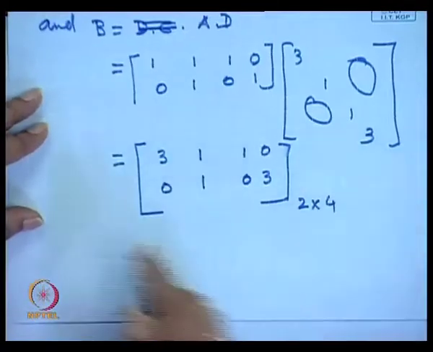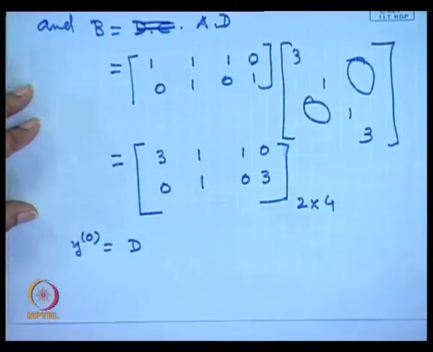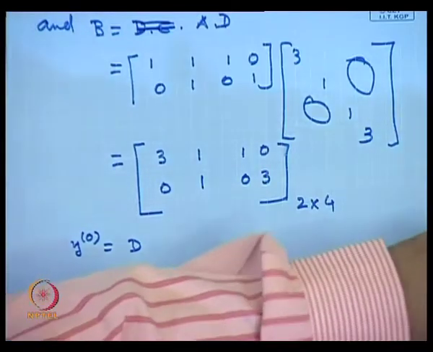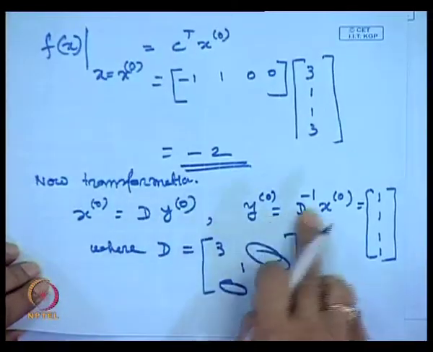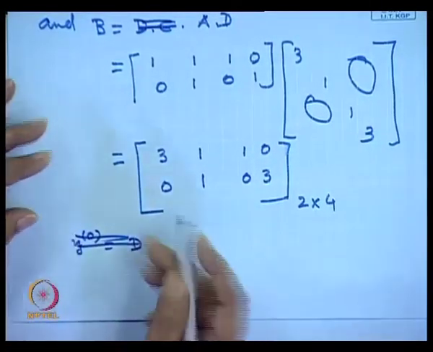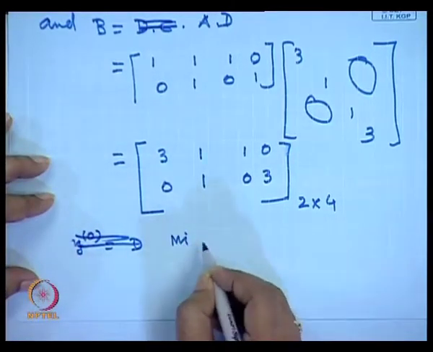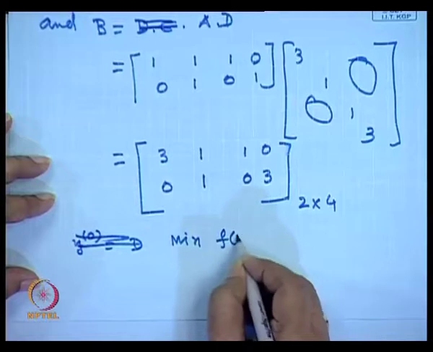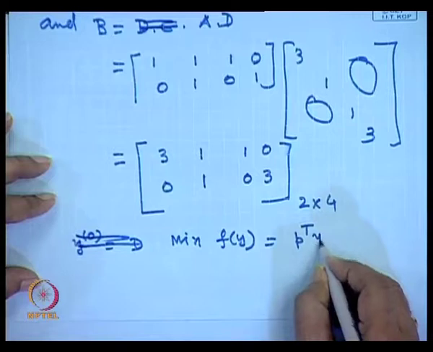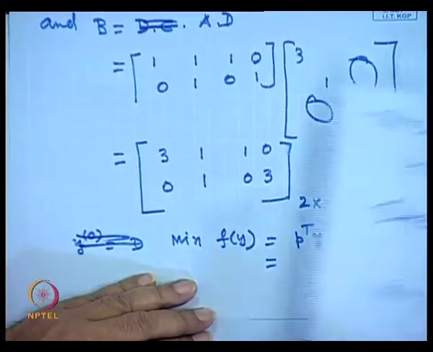Now, what are our y coordinates? Y is D inverse; we have calculated that already, so we need not do it once again. Now let us see, in the transformed coordinate axes, the function value f of y is nothing but P transpose y.